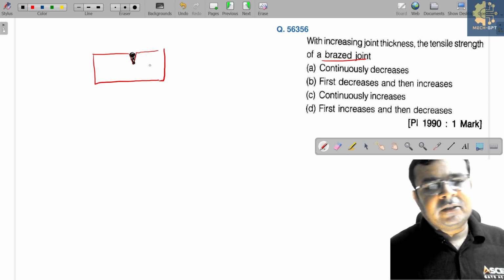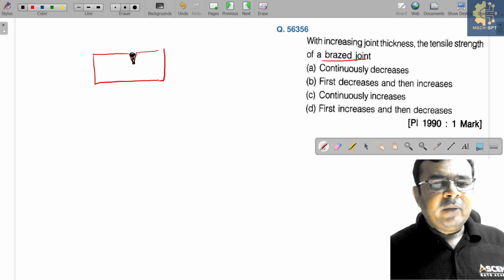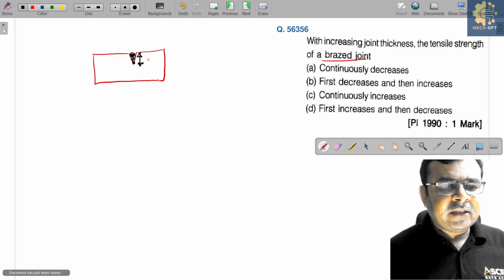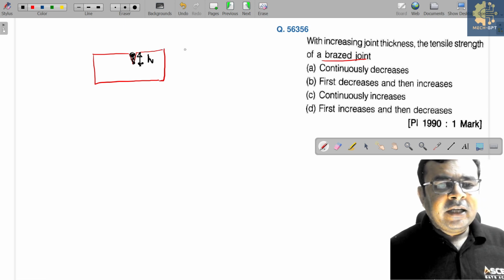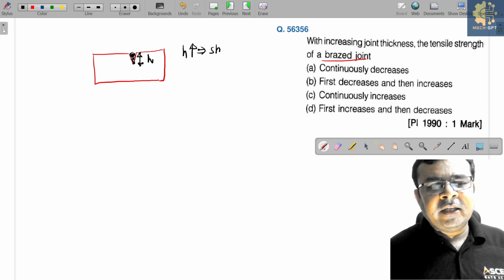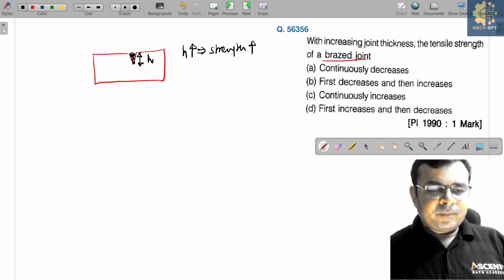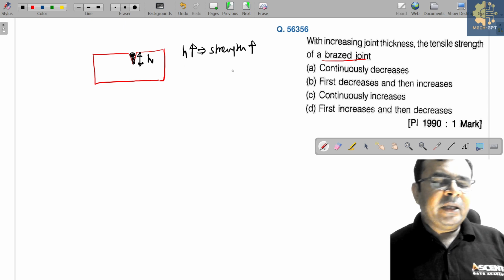If this gap is more, obviously more metal may be deposited here. So initially when this gap, let's say this is a height h, if this height h increases, then the strength will increase also. Why does strength increase? Because the amount of metal deposited will increase.